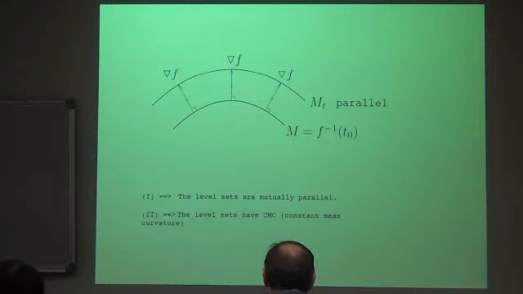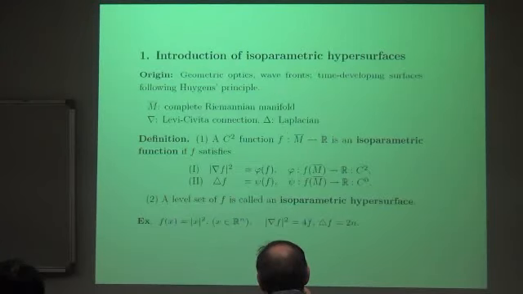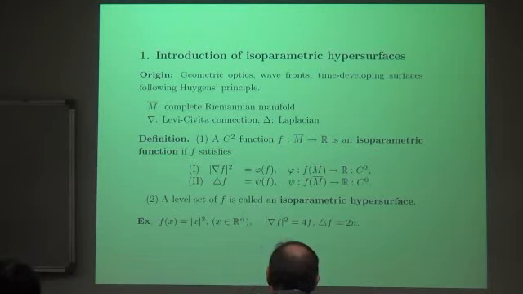So all the level set hypersurfaces have constant mean curvature. This is the meaning of the second equation. If f satisfies these two conditions, then we call this function an isoparametric function. And a level set of f at a regular value of f is called an isoparametric hypersurface.